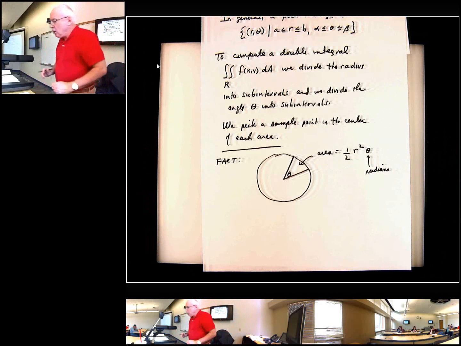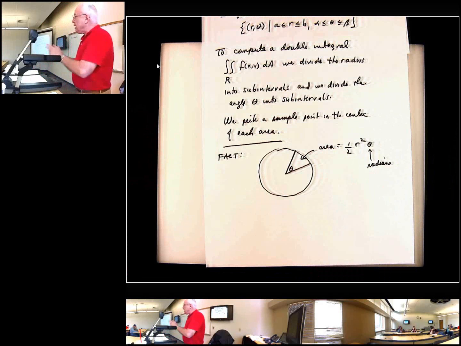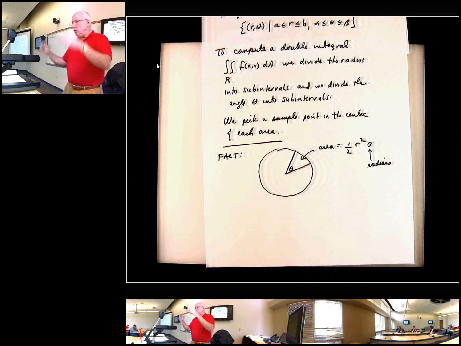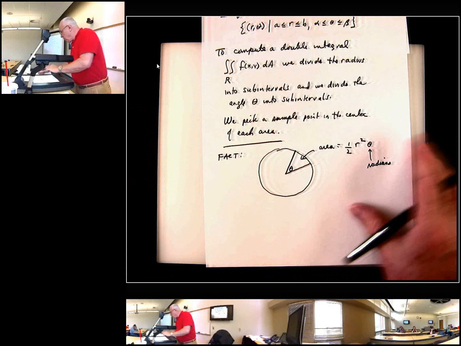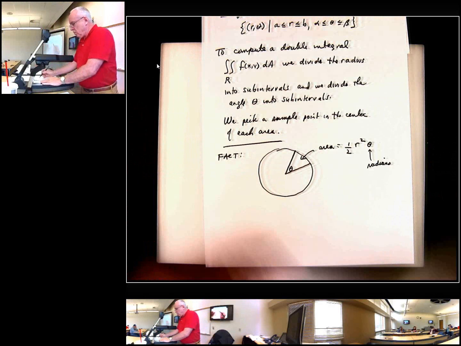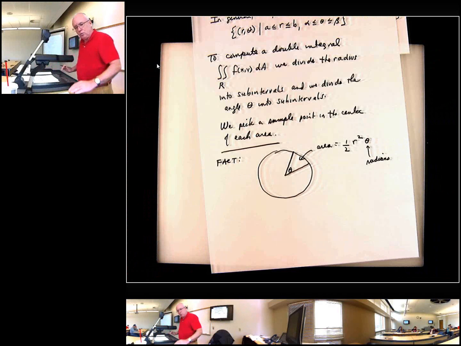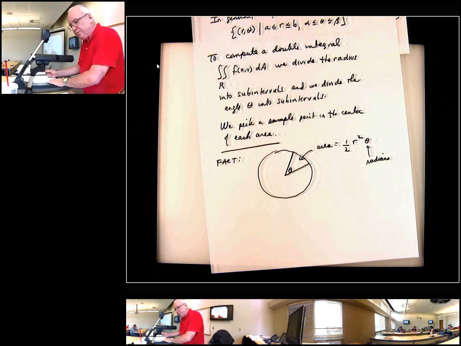All right. So with that little fact in mind, we can get the area of each one of these little sub-rectangles. We can figure out what the area is of those rectangles, or what looks like rectangles.